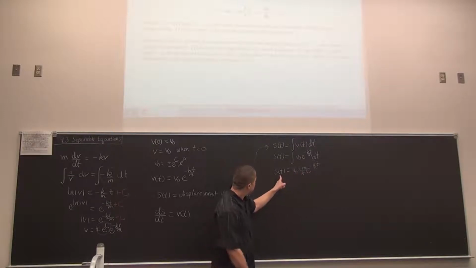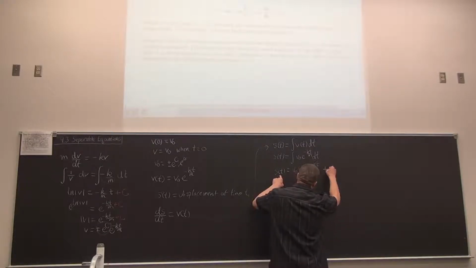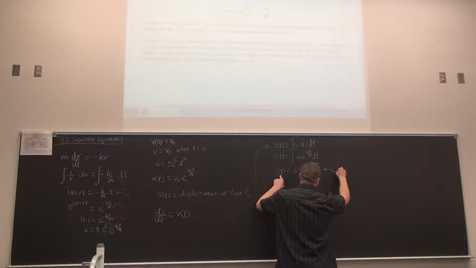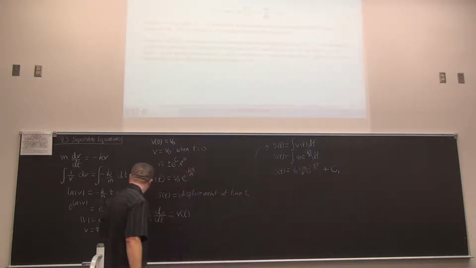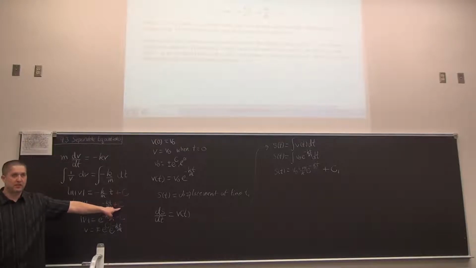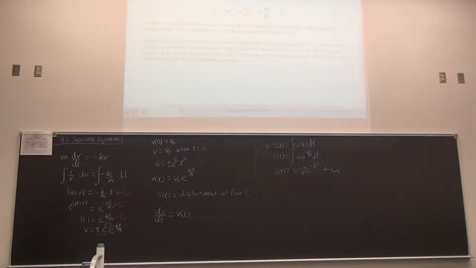So now we have s of t, but don't forget, immediately at this step we need a new constant. Let's call it, say, c1, so that we don't get it mixed up with this constant c from before. We need to use the initial condition that s at time 0 is s naught, and we'll have to determine the constant c1. Any questions to that step?